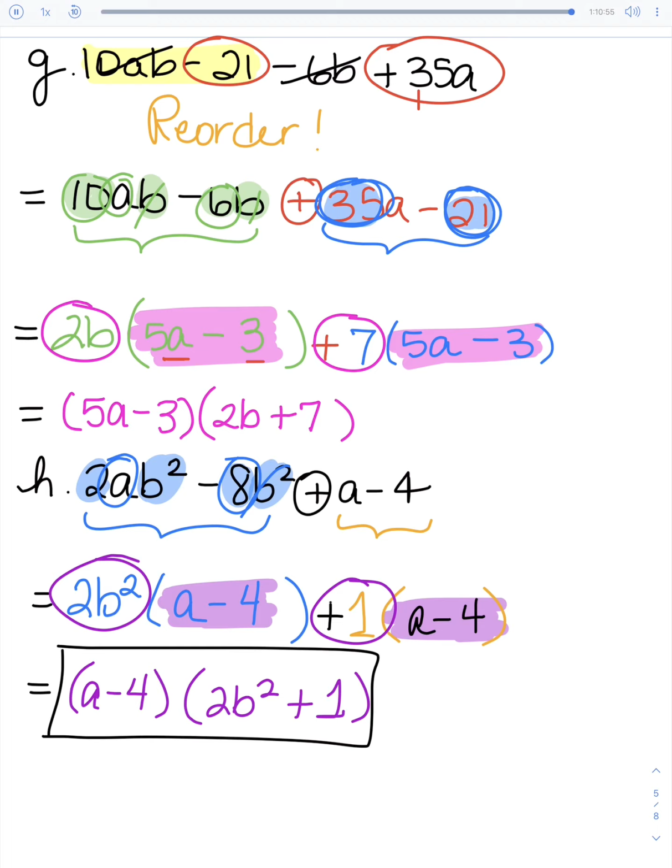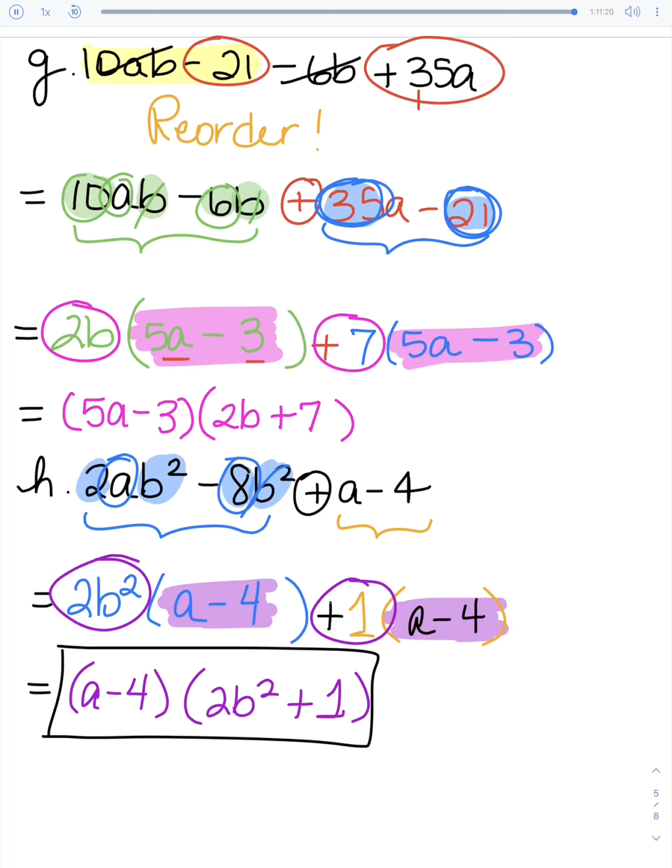So just as a quick summary, what we have covered so far is how to factor out what's in common, which is called a GCF. So factoring a GCF. And we've also talked about factoring by grouping, which is this breaking up into two pairs.